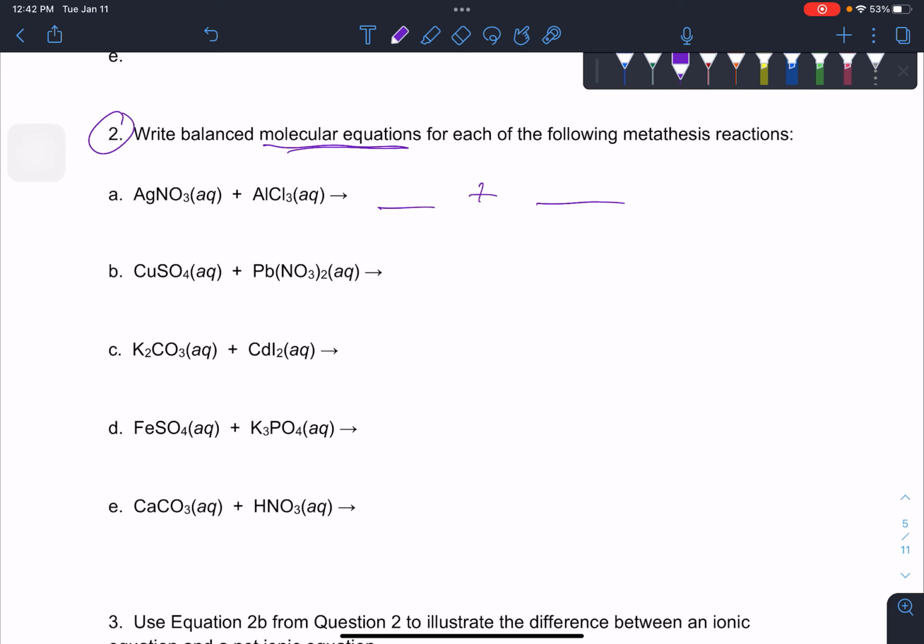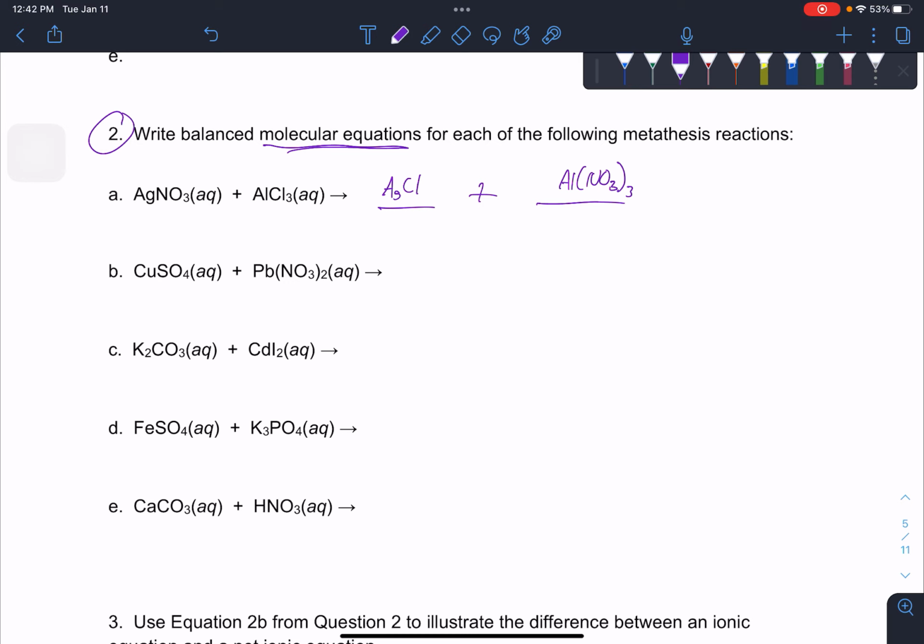Like this will be AgCl, and the other one is aluminum. You don't have to write out all the ions. Then you put the S and AQ tags where appropriate. The first 4 show up as solids, I think all of these form solids. Check the solubility table just to be sure, okay?